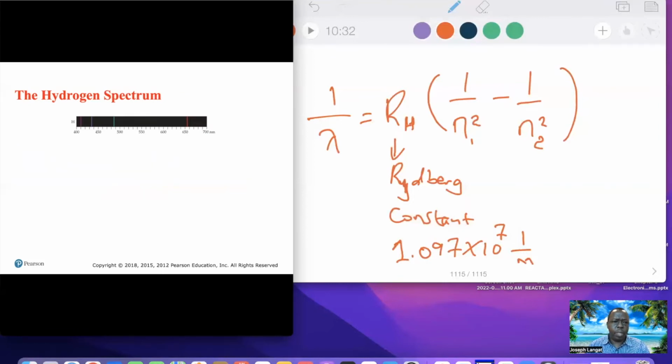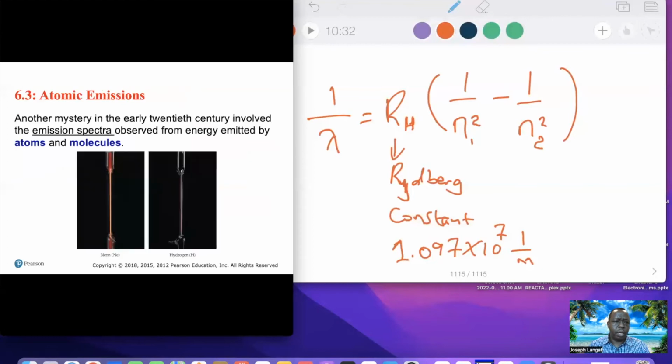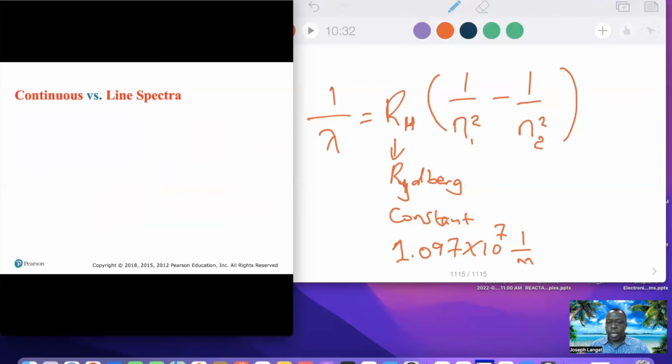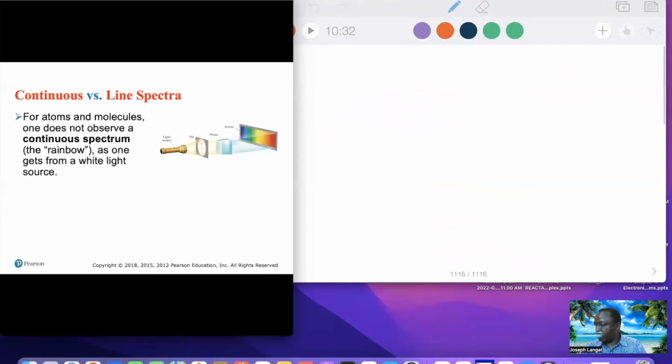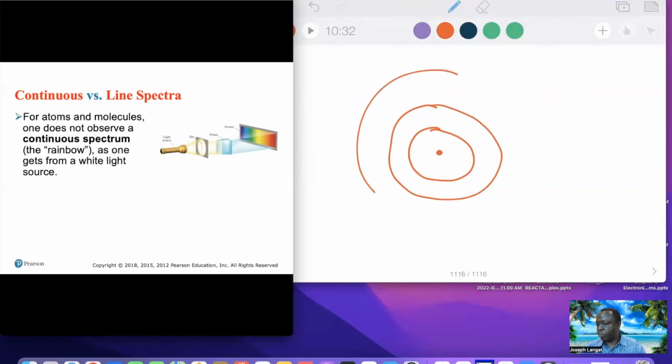And where we are coming with this is that if we subject the gas atoms in each of these discharge tubes to some energy from electricity, of course, they get excited. Let's go back to Bohr's model of an atom and have an electron here.